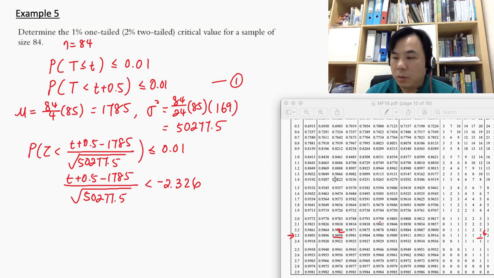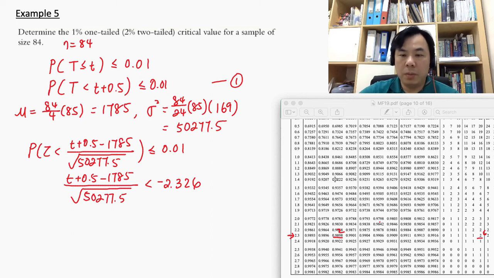So if you do it this way, it will be the square root of 50277.5 times 2.326, subtracted here, plus 1785.